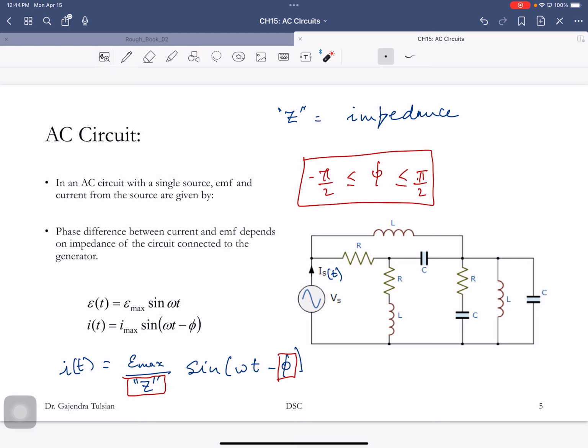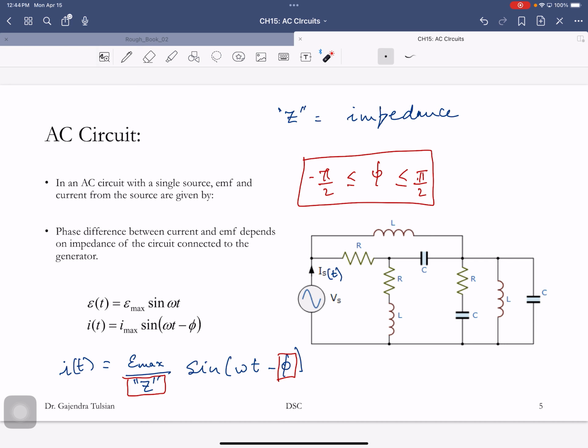All right, so let me step back a second. Here's what we want to do in this AC circuit. You're connecting an AC source to the load. The two things you're interested in about this circuit are: what is its impedance, what is its total resistance, and then what is the phase factor of the circuit?